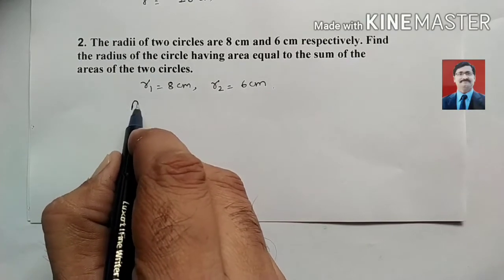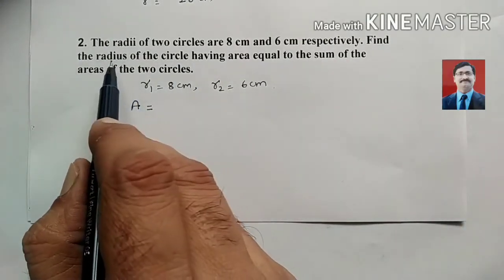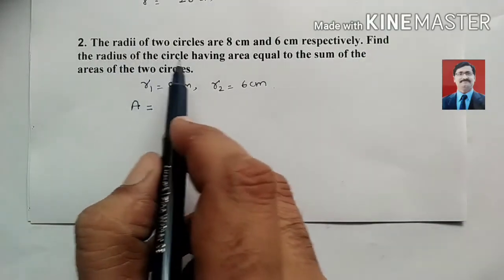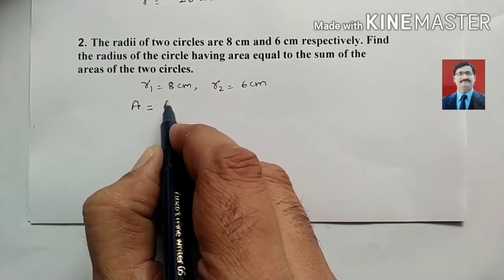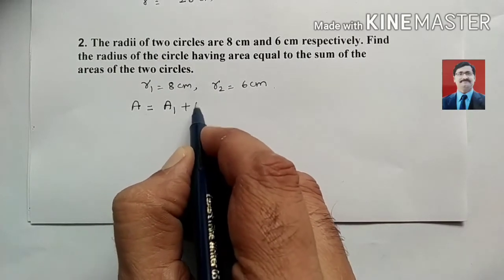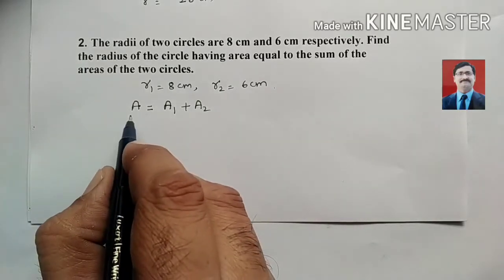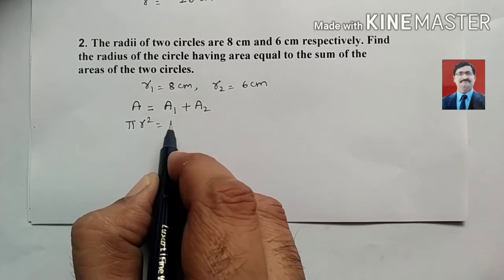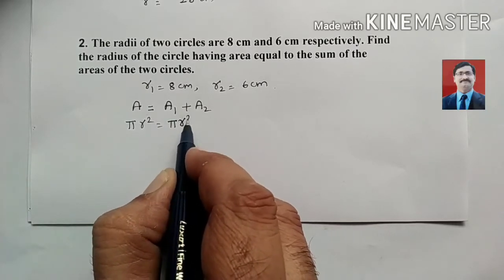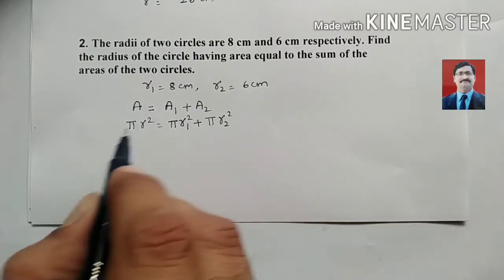In the question it is given that the area of that one circle is equal to the sum of the areas of the two circles. The formula for the area of a circle is pi r square. The first circle's area will be pi r1 square, and the second circle's area is pi r2 square.